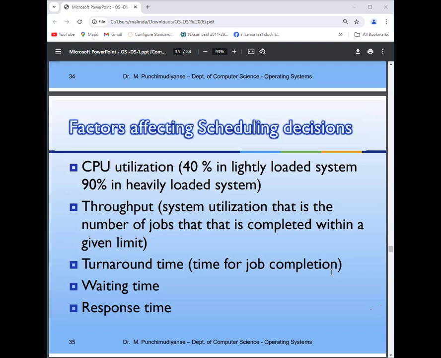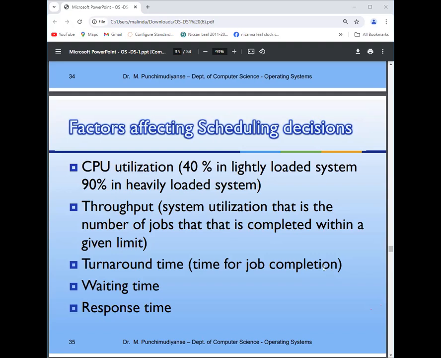Response time means the time from the admission to the queue until it gets its first CPU slot, the initial waiting time, right? So response time is different from waiting time. The time waiting in the queue until the first CPU slot is called response time. So these different factors are affecting the scheduling decisions, which job goes next to the CPU.